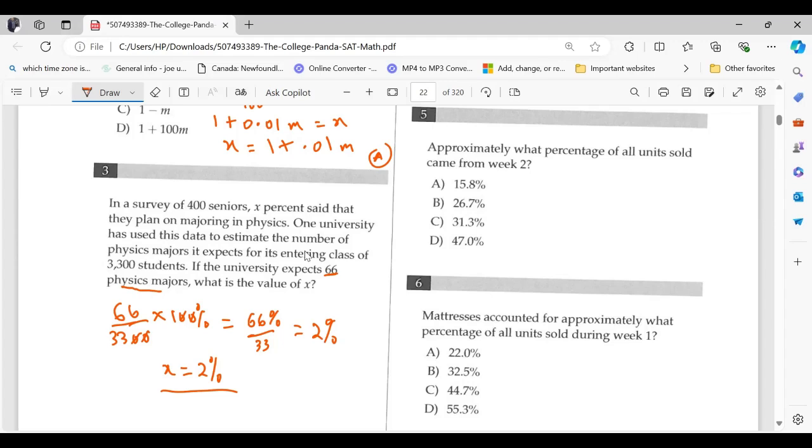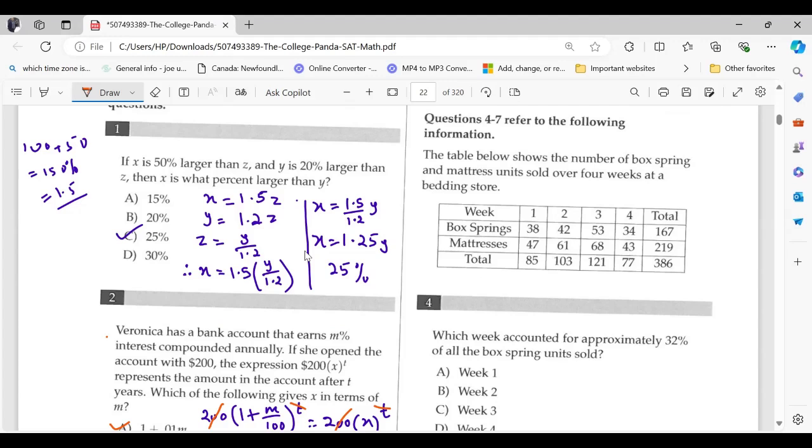So let's move on. The table below shows the number of box spring mattress units sold over 4 weeks at a bedding store. So week 1, we have this number of box spring mattresses.